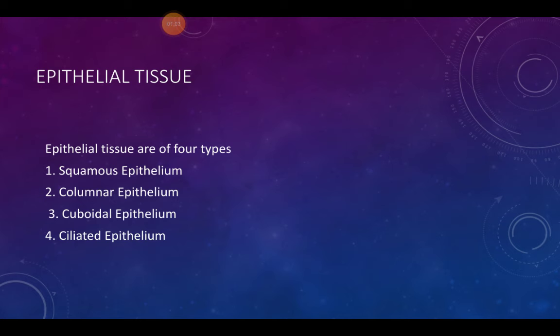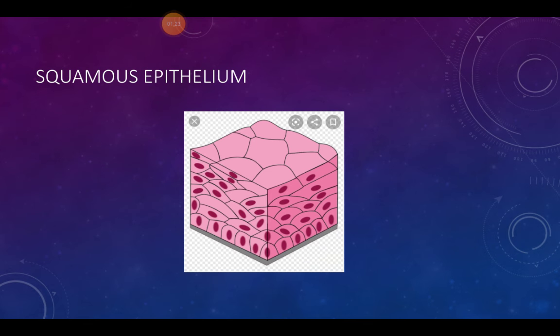Types of epithelial tissues. On the basis of shape and function of cells, epithelial tissue is of four types: squamous epithelium, columnar epithelium, cuboidal epithelium, and ciliated epithelium. Squamous epithelium. Cells are thin and flat.